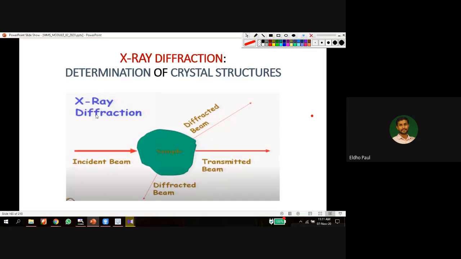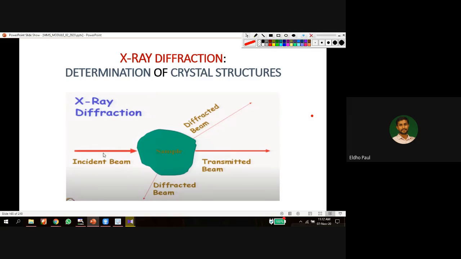When an X-ray beam, a wave nature beam, is incident on a sample material, what happens to that beam? Some amount of the beam will be transmitted through the specimen, like light passing through glass.